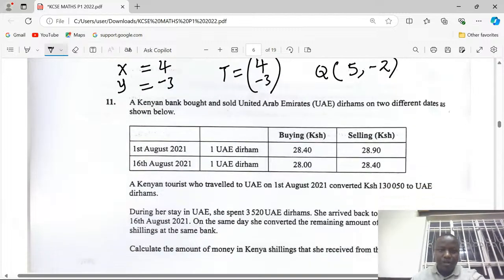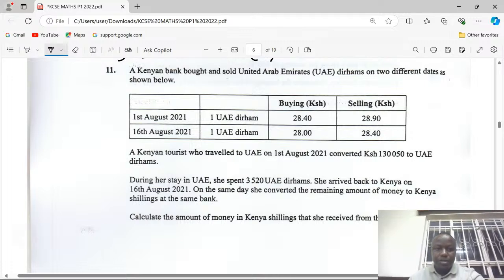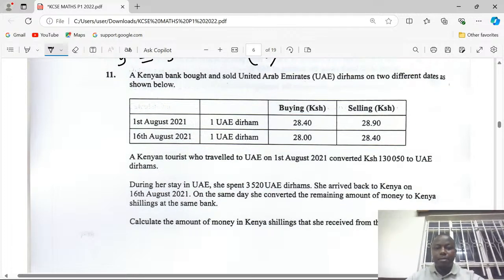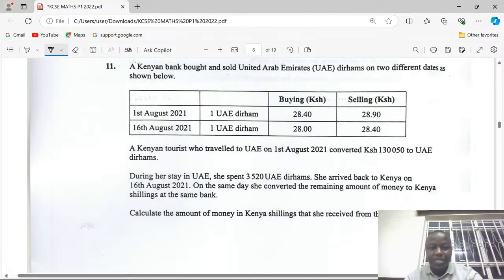You have another question here, which is commercial exchange rates. Number 11. A Kenyan bank bought and sold United Arab Emirates dirham on 2 different dates as shown below. So we have the table there for buying and for selling.